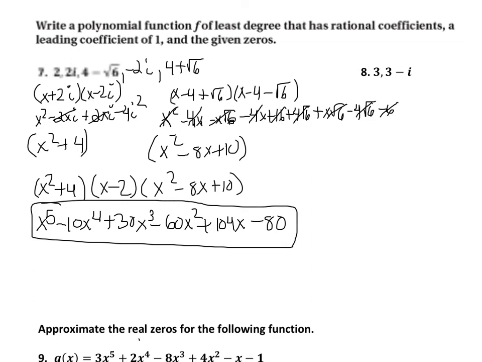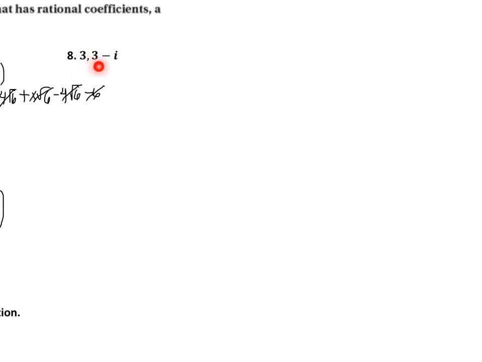Okay, so let's look at the next example. Okay, so we have 3 and 3 minus i. So remember, we need to do 3 plus i. So you get x minus 3, x minus 3 plus i, and x minus 3 minus i.